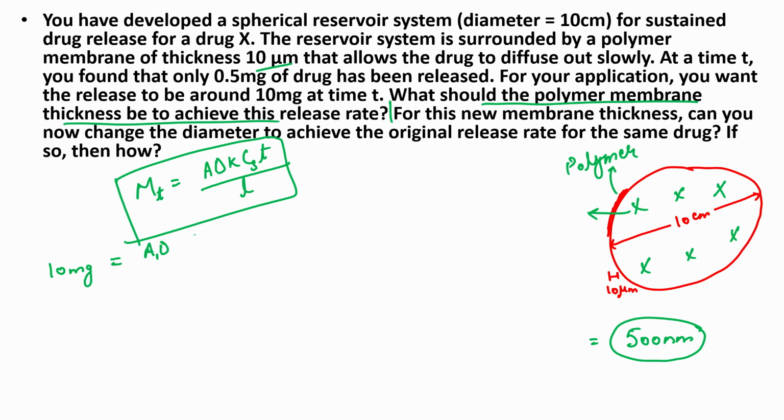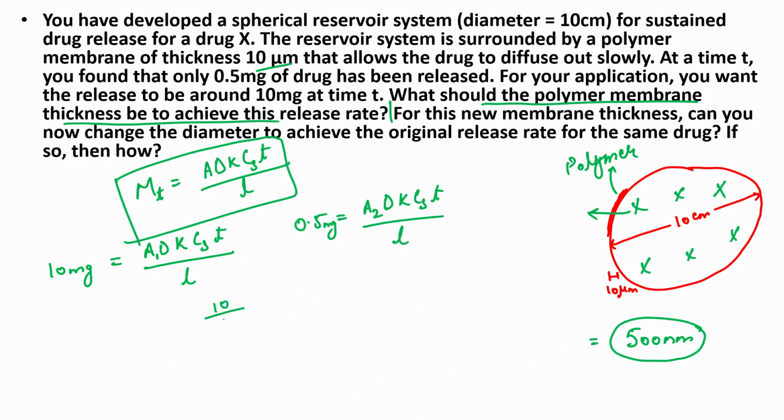So, I will define them as A1 and A2. It will be A1 DKCST by L. L in this case will be 500 nanometer, so I do not need to change that, but what we want is, in another case, the original release rate. So, another equation in the new device will be 0.5 milligram equal to A2, the new diameter, DKCST by L.